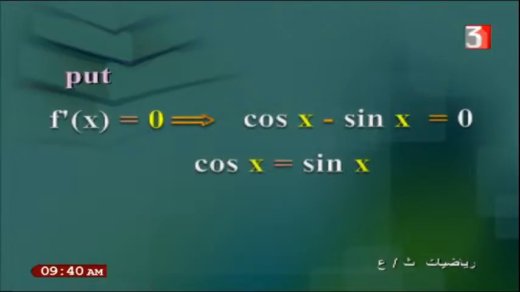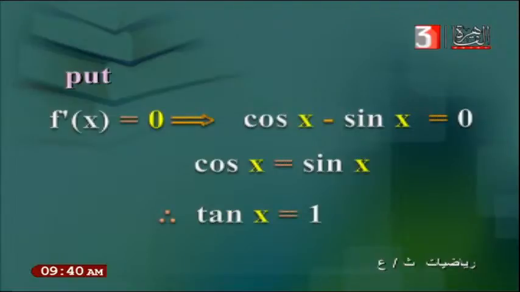Then cosine x equals sine x. By dividing both sides by cosine, tan x equals 1. When tan x equals positive 1, the angle x lies in the first quadrant or in the third quadrant.